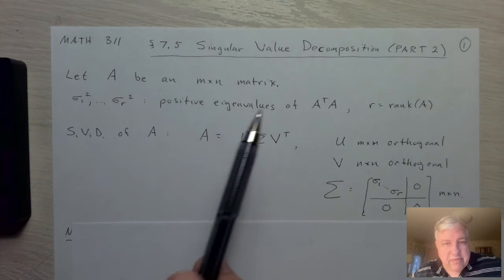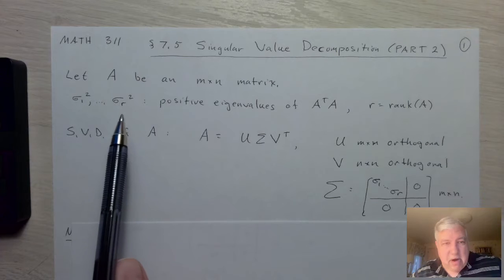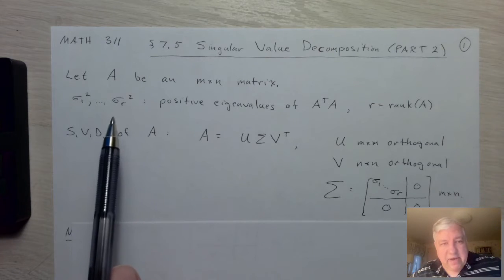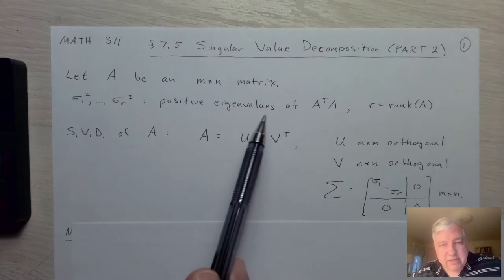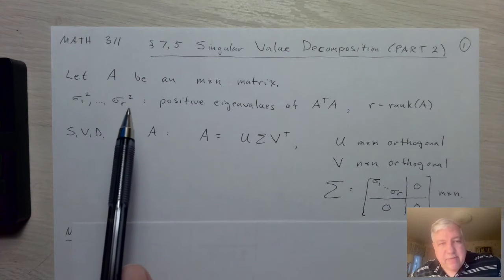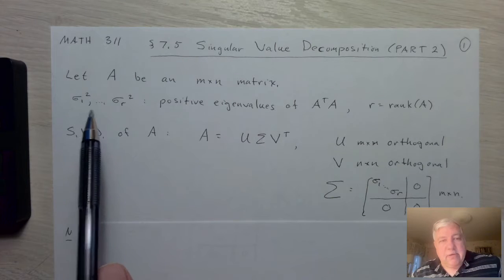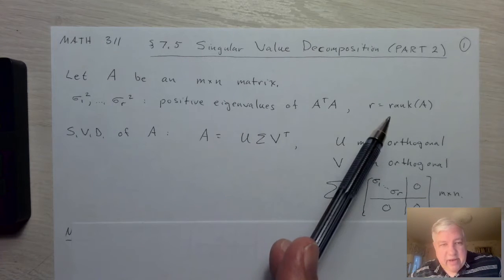So we take the square roots of the positive eigenvalues, and those are the singular values of A. So sigma 1 through sigma r are the singular values of A, because their squares are the positive eigenvalues of A transpose A. And we showed last time that r, the number of non-zero singular values, is equal to the rank of A.